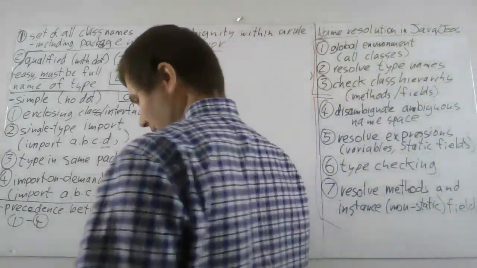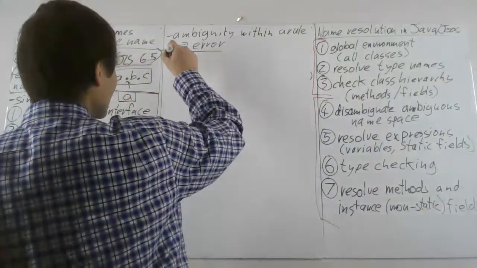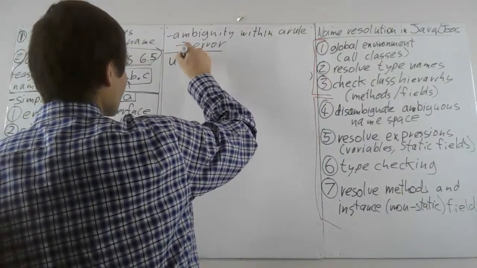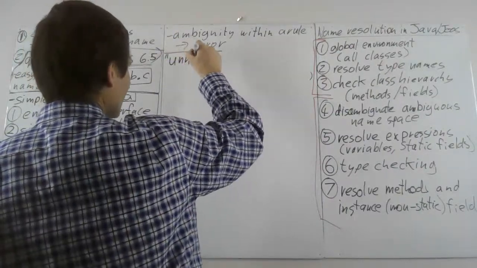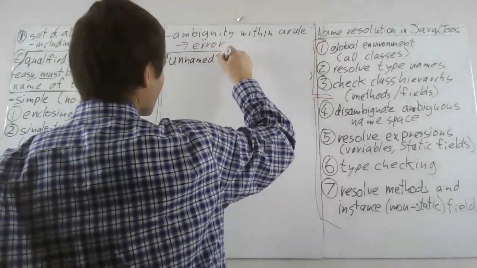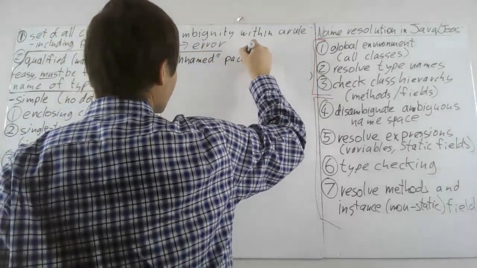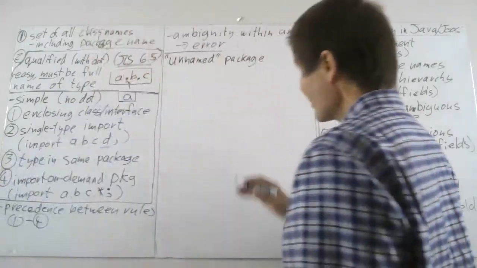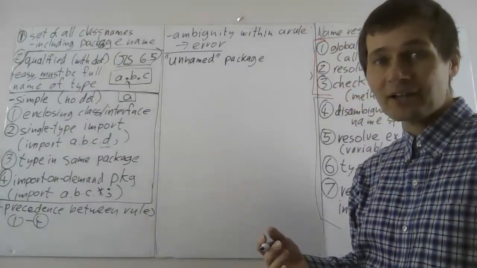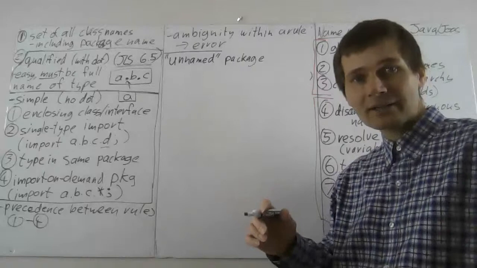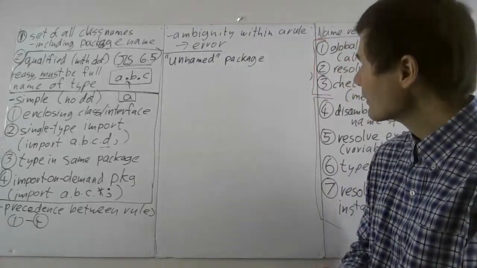And if you don't put a package declaration, then your class goes into something called the unnamed package. Okay, so that's if your file doesn't have any package declaration, you just start writing a class to begin with.